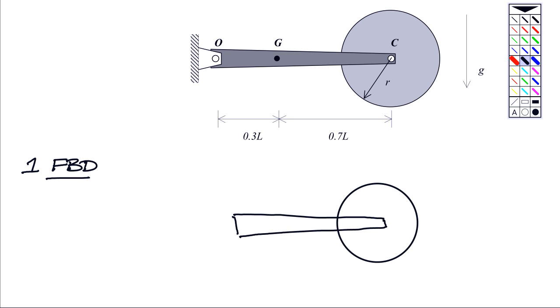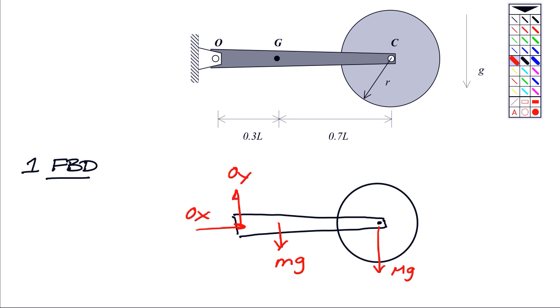The forces acting are the weight of the disc, which I'll call big M g, the weight of the bar, small m g, and the reaction forces Ox and Oy.